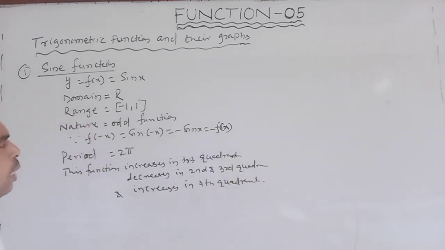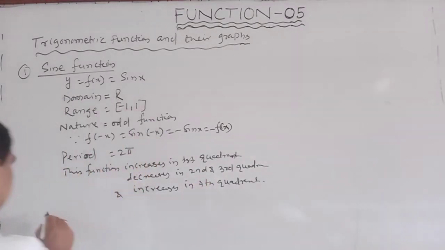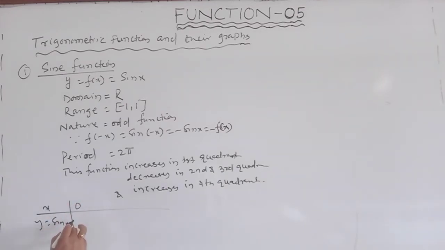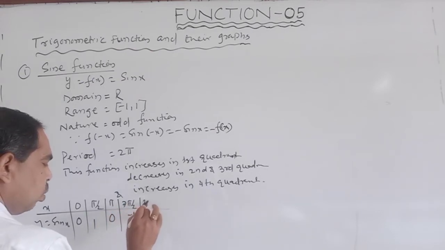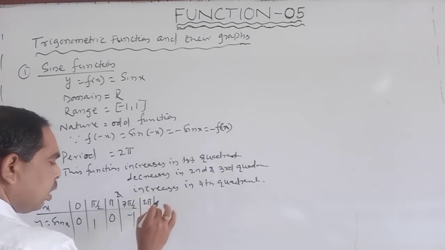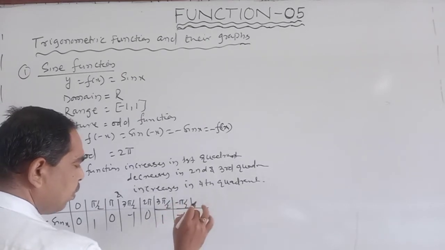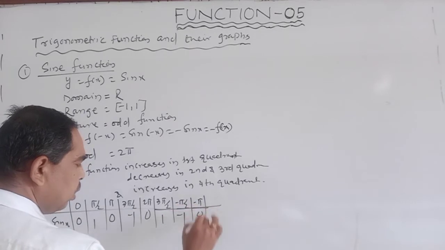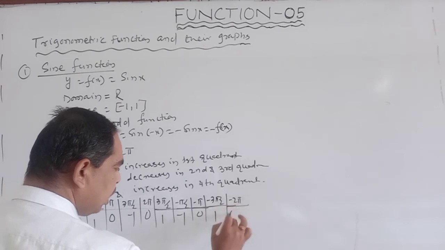Okay, so maximum value is 1, minimum value is -1. So draw x and y is equal to sin x. Sin 0 is 0, at x is equal to pi by 2 it is 1, at x is equal to pi it is 0, at 3 pi by 2 it is minus 1, at 2 pi it is 0. Similarly sin minus pi by 2 is minus 1, sin minus pi is 0, sin minus 3 pi by 2 is 1, sin minus 2 pi is 0.